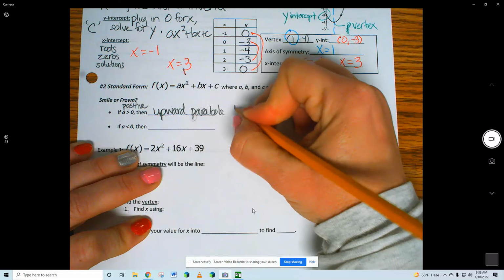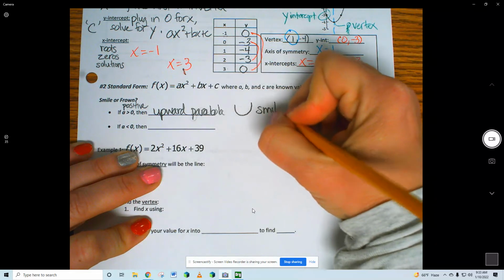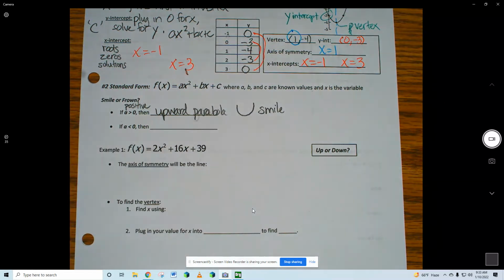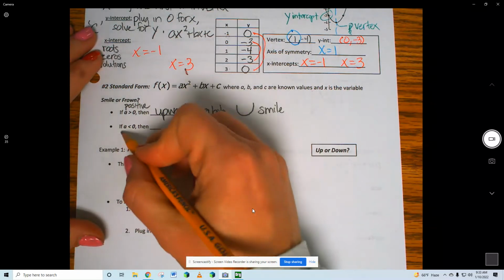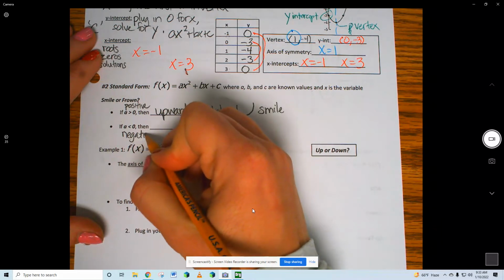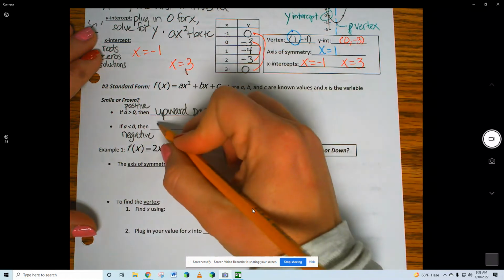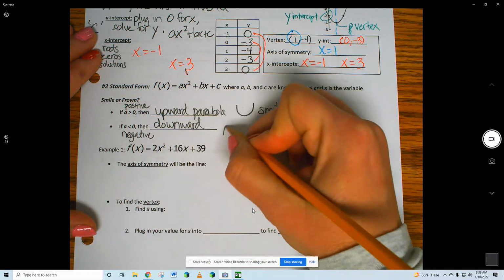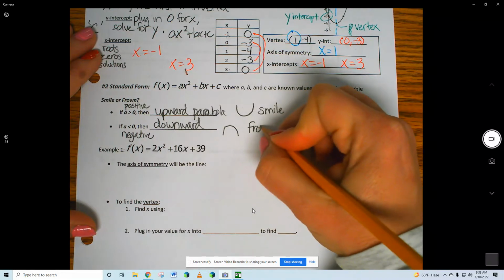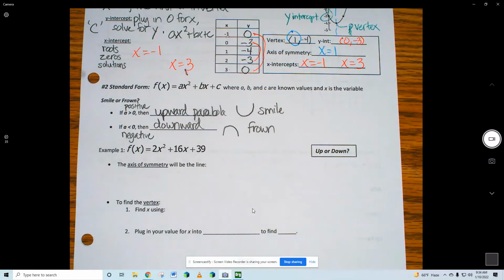Which is a smile. If a is less than 0, negative, this is downward. Frown. Downward, frown.